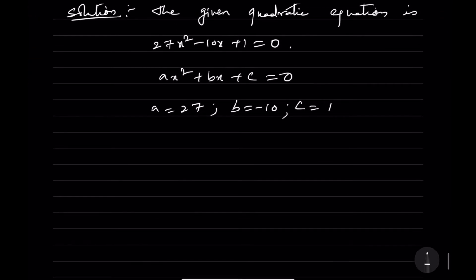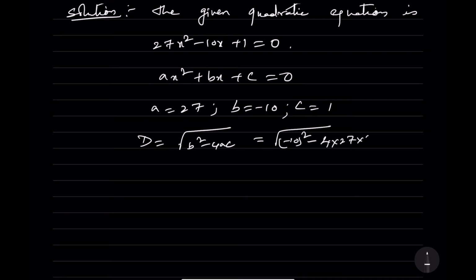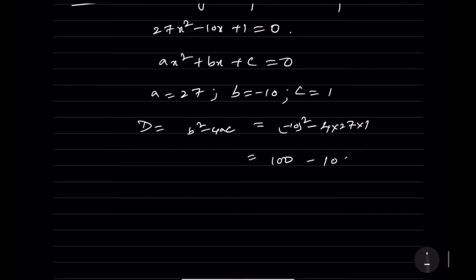So now we'll find out what is the discriminant. D is equal to b square minus 4ac, which is equal to minus 10 whole square minus 4 into 27 into 1. So which is equal to, here you will get 100 minus 108, which is equal to minus 8.